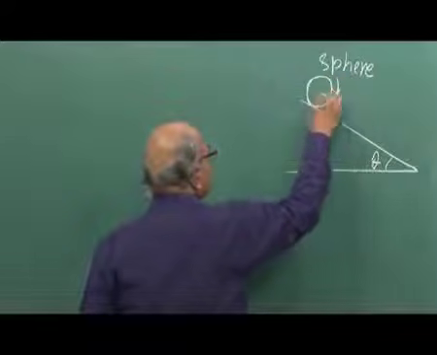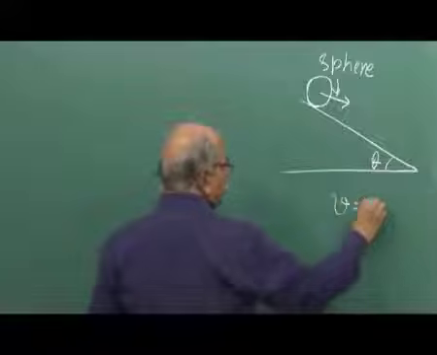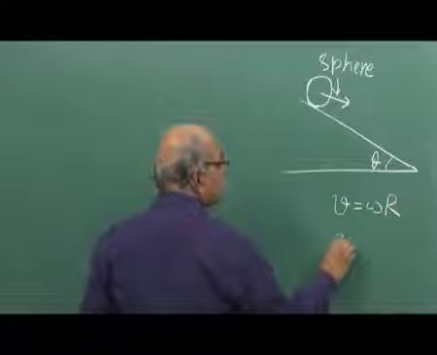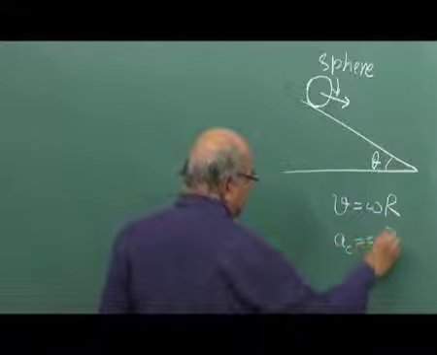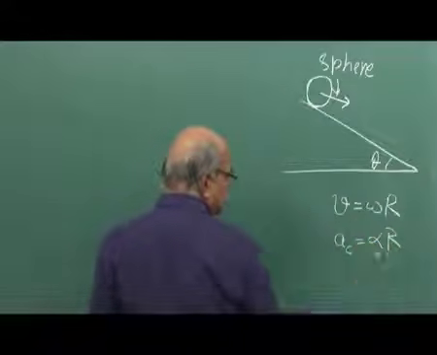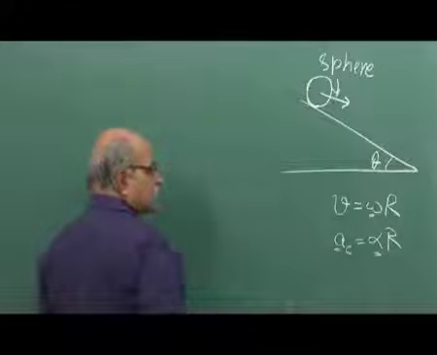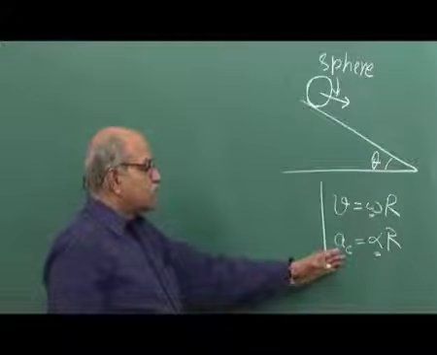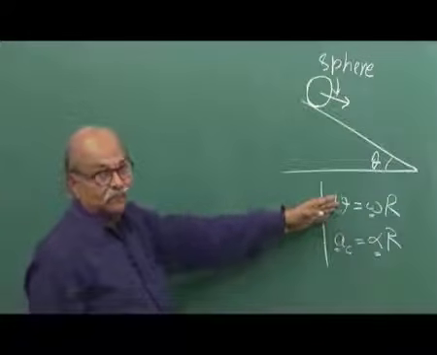So it can rotate, it can move, and all the time you can have V equal to omega times R, and acceleration of the center as alpha times R. This is angular acceleration, this is angular velocity, this is linear acceleration of the center. If these conditions are satisfied, then you say it is pure rolling.